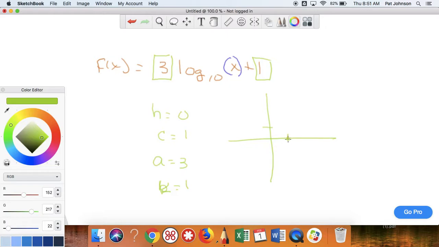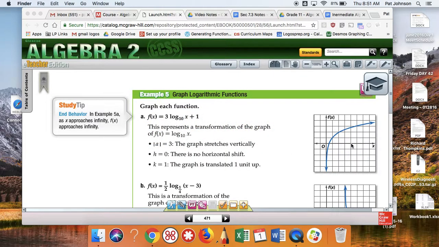Remember, it's (1, 0) on our function, so this is going to shift up 1. It's going to have a vertical stretch, which means it's going to get fatter. But it didn't shift to the right or left, so I still have my asymptote of x equals 0. So we have a vertical stretch, no horizontal shift, and it shifts up.